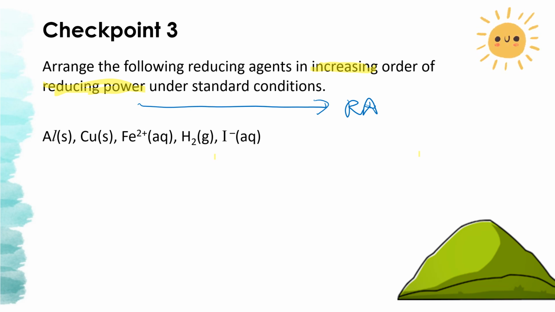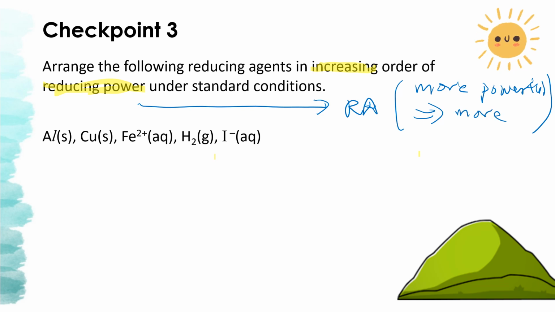Reducing agent means you yourself will be oxidized. So if you want a more powerful reducing agent, that means I want a more negative value. And because we are talking about a reducing agent, we are looking at the right hand side.